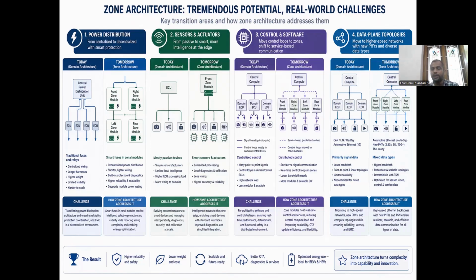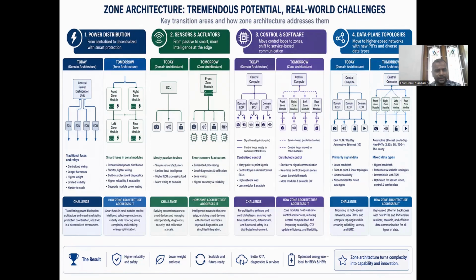Similarly, we have the actuator. Most of the basic actions that were required are done by the controller associated with that sensor and actuator itself. That is the advantage. So the characteristics of the sensors and actuators in zone architecture are that they use smart sensors and smart actuators.